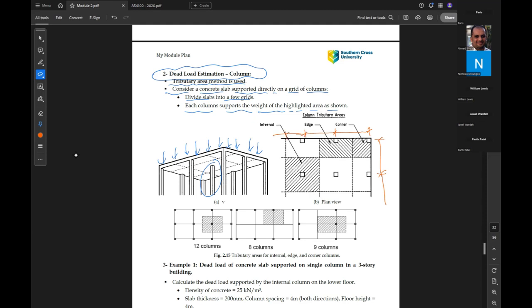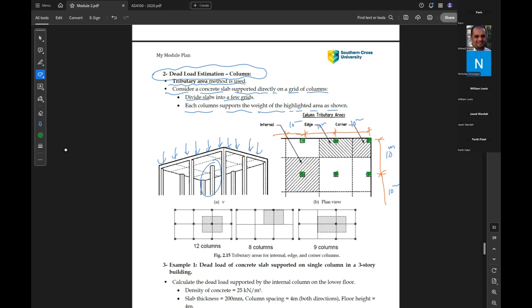Say this dimension is 10 meters, 10 meters, here also 10 meters, 10 meters. So we have 2 rows of columns and 3 rows of columns in this direction.